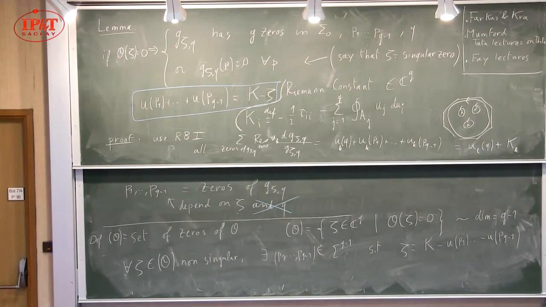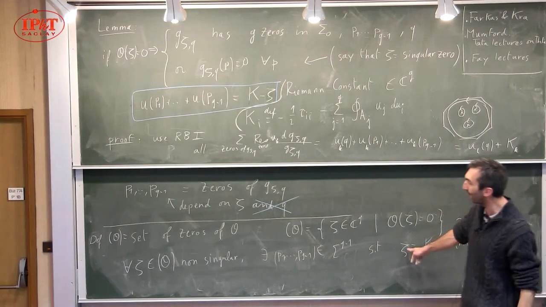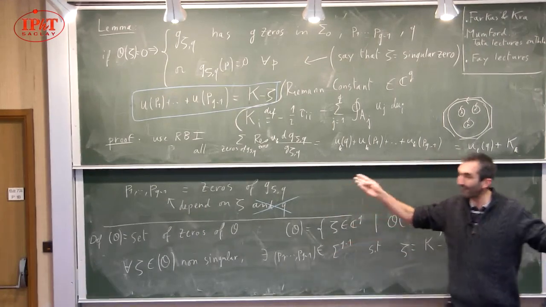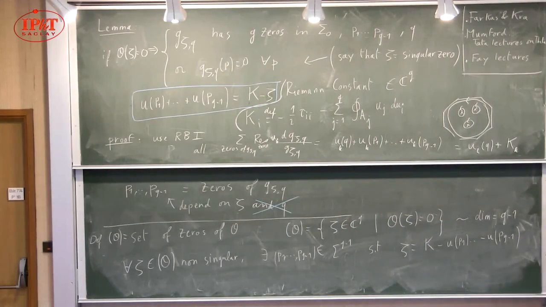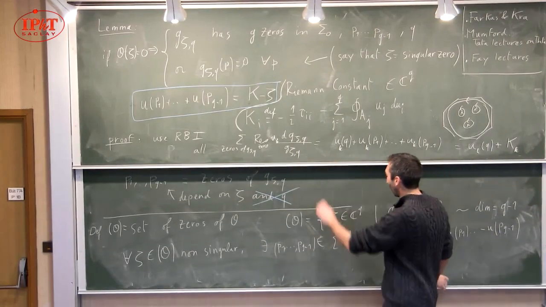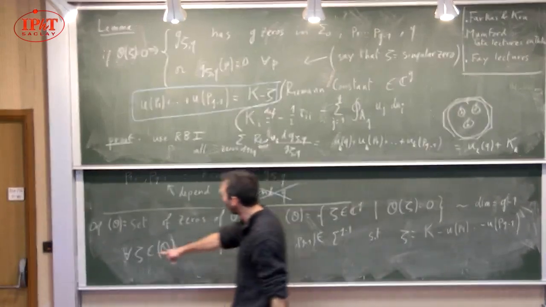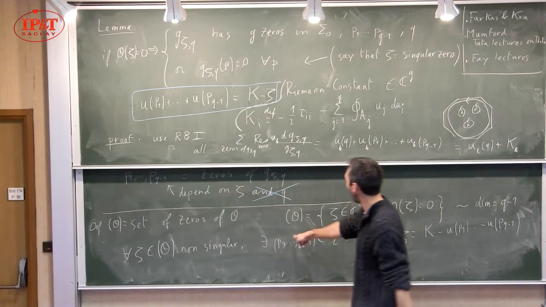So the idea is to say that there is a kind of bijection between zeros of theta and a set of g-1 points, because both are dimension g-1 manifolds, and this bijection is in fact independent of Q. So you see that to every zeta you can associate a set of points.